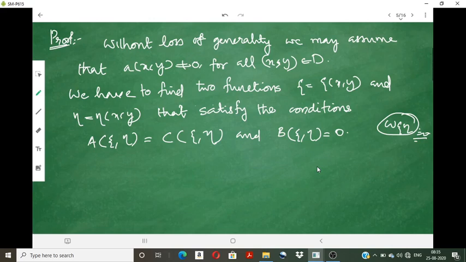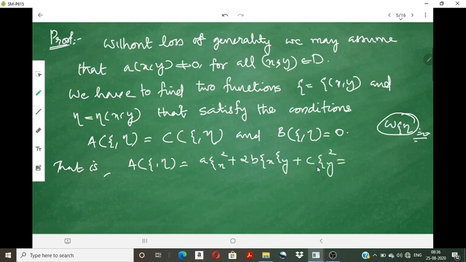So let's write the functions A and C. We have to find theta and eta such that A of theta eta, that is A theta x square plus 2b theta x theta y plus c theta y square, equals C. What is C? C is A eta x square plus 2b eta x eta y plus C eta y square.